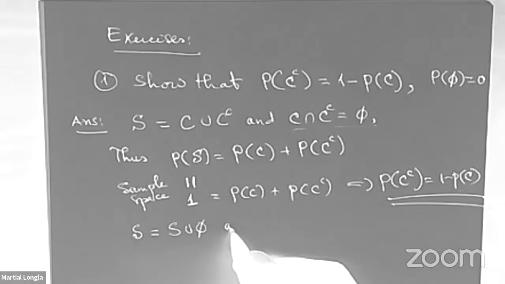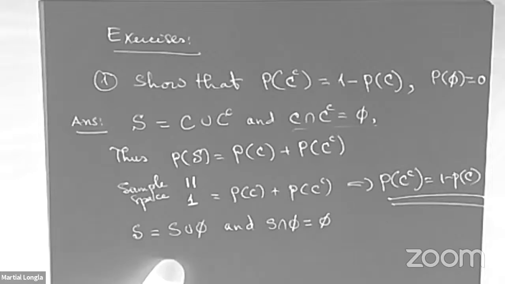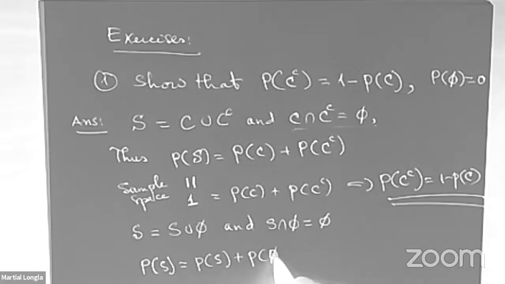And S intersection with the empty set is empty. Agree? By that same rule that we just used, the probability of S equals the probability of S plus the probability of the empty set.